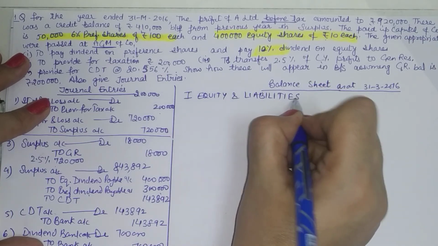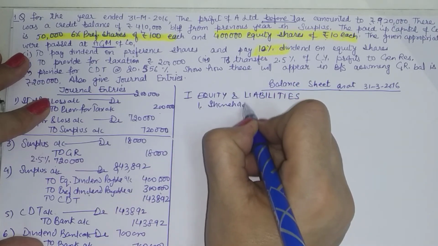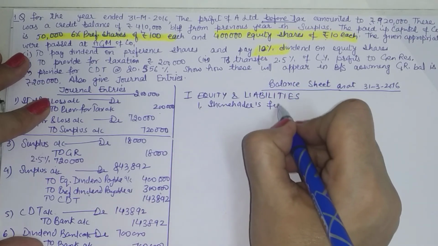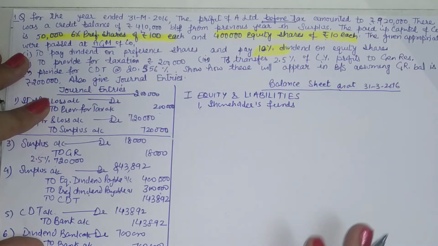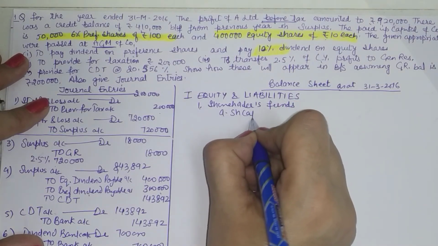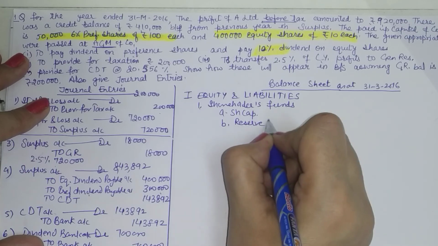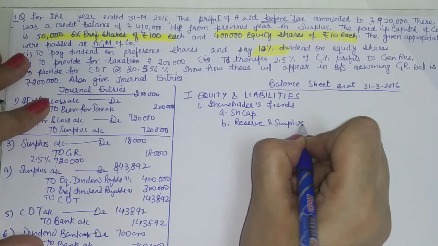In the equity and liabilities, our first heading is shareholders funds. I hope you remember the components or categories of the assets and liabilities. In shareholders funds, we have share capital and reserves and surplus. So this is to be shown.